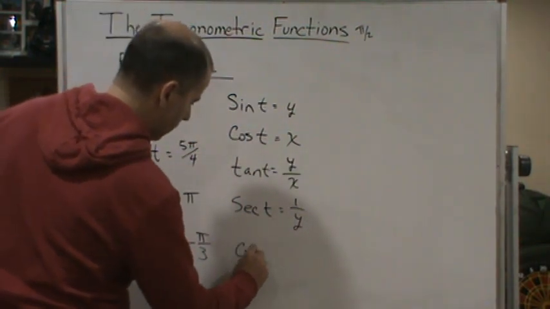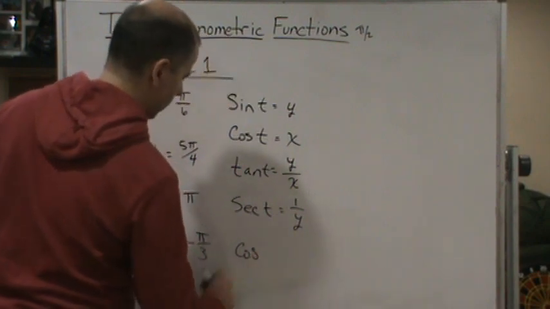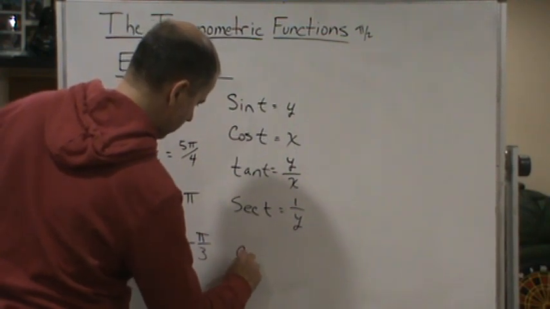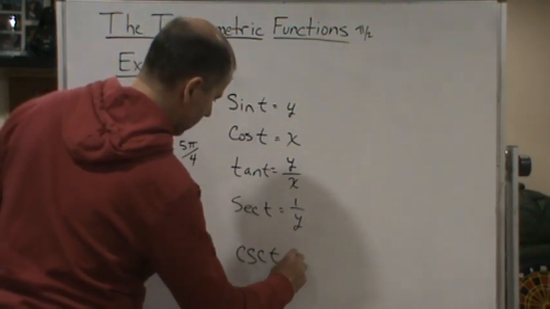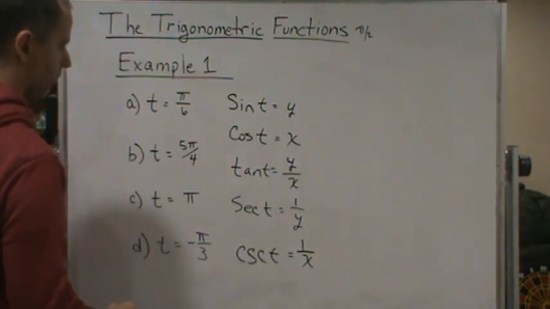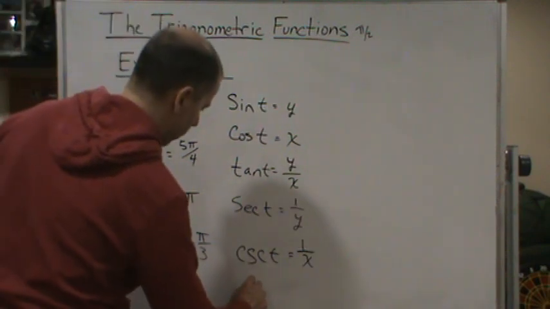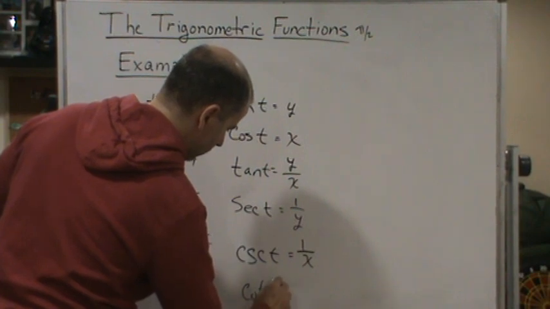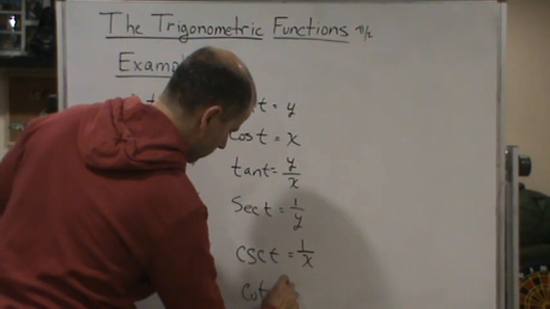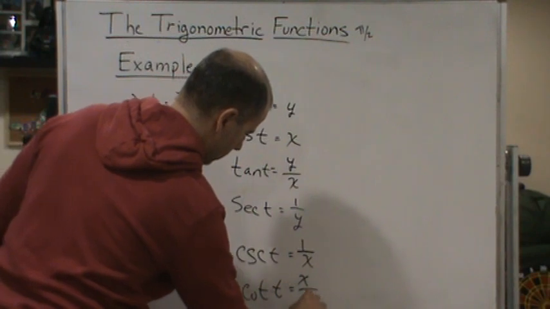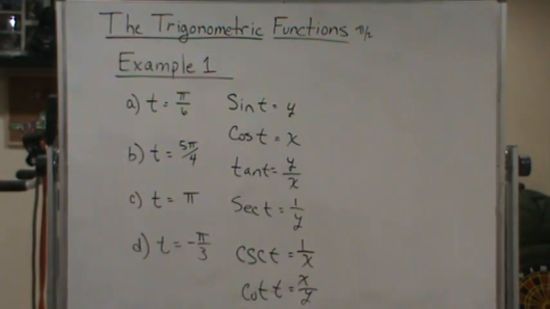And then we got cosecant t, and that's going to be 1 over x. And then of course we got cotangent t, which is going to be x over y.